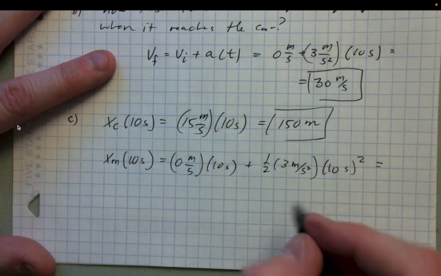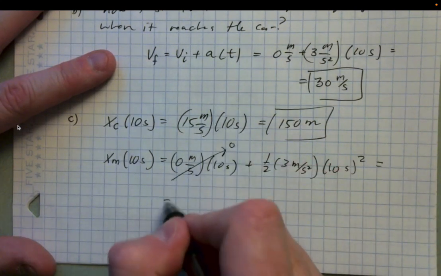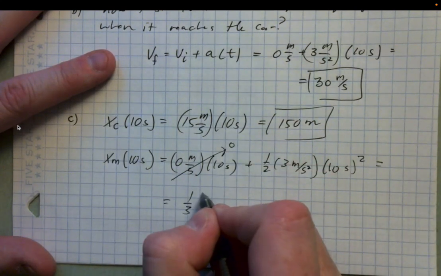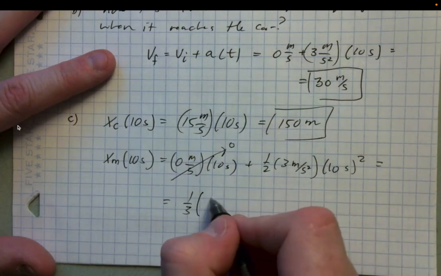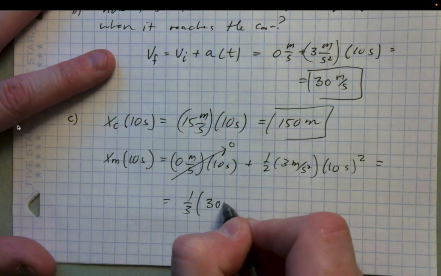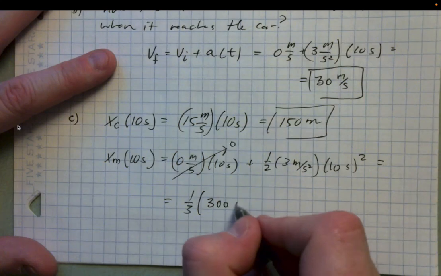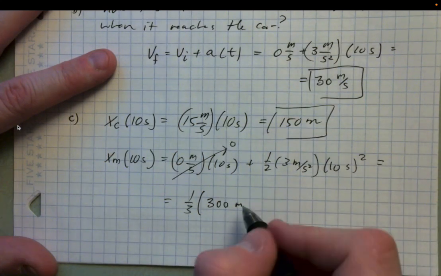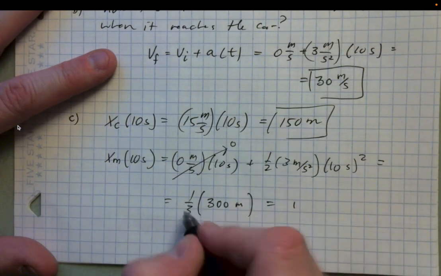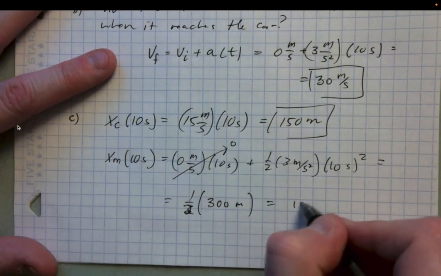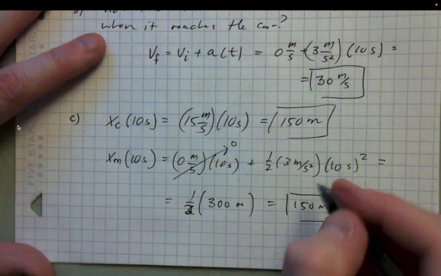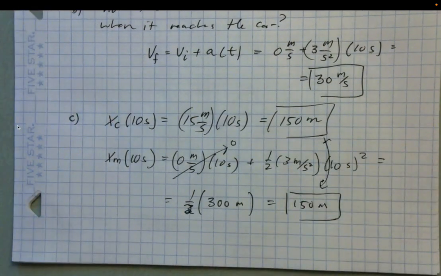So this is 0, and we get 1/2 times 100 times 3, so basically 300 meters, and half of that is 150 meters. Same answer. Obviously, you should get the same. And that is how far away from the corner we are when the two vehicles pass one another.